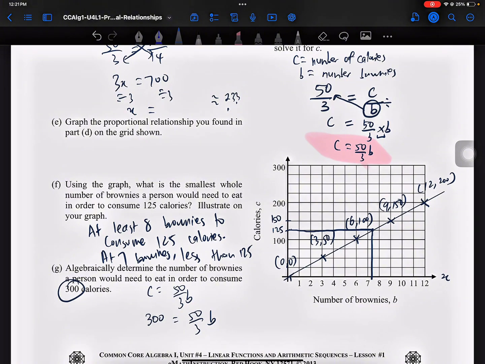We want B as the subject, right? So this is multiplied, so we divide both sides by 50 over 3. So this becomes 1, and we have our B, which is 18. So the answer is 18 brownies.